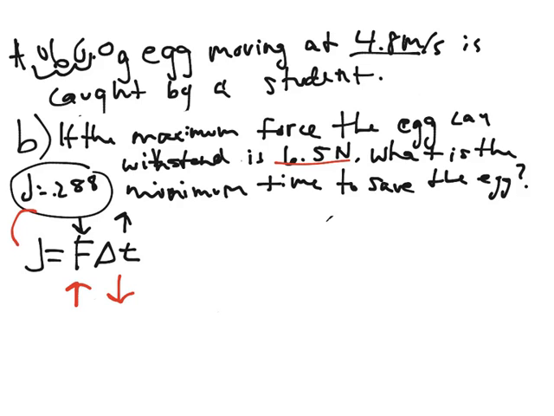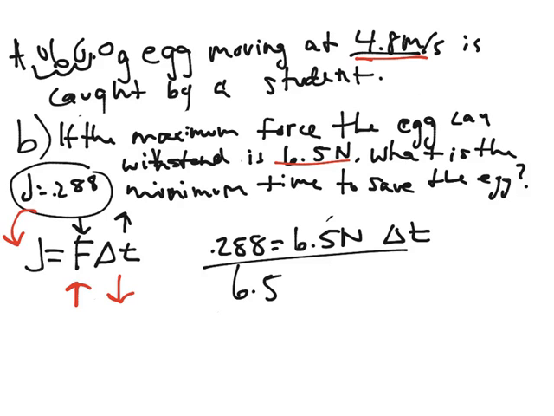So we already know that it has to stop from going 4.8 meters per second, and by stopping it is now going 0. And we know what our force is, so now we can solve for time. So we can plug in 0.288 for this, and then our force is 6.5 newtons, and we are trying to find out what our time is total.